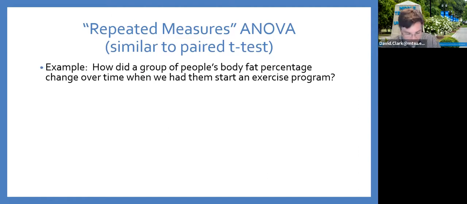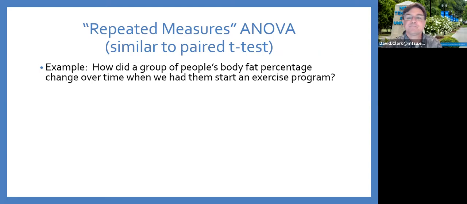So for example, on your paper it's one group, I'm sorry, assessed at least 3 times. One group of people assessed at least 3 times. One group right there at the bottom. Christy, you got it? It's one group assessed over and over and over again. You repeat it. Measure, measure, measure.